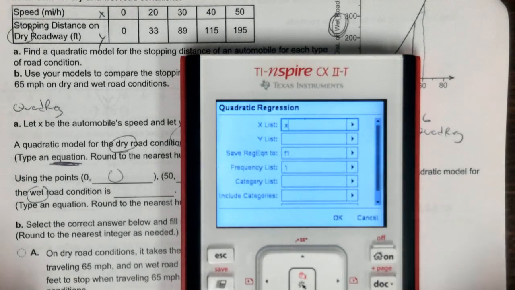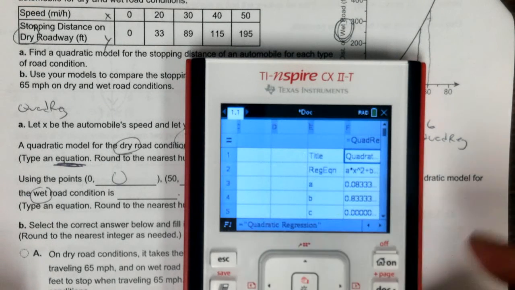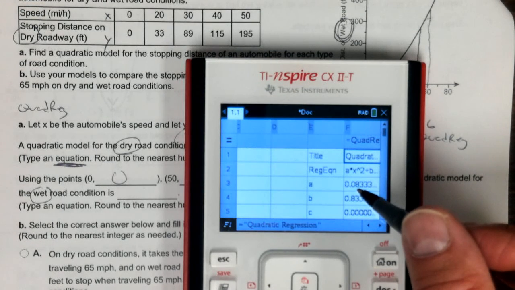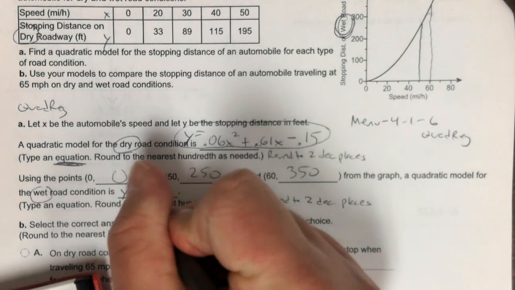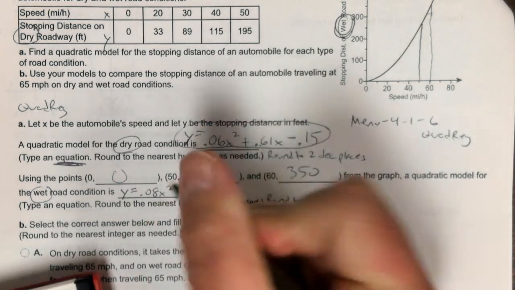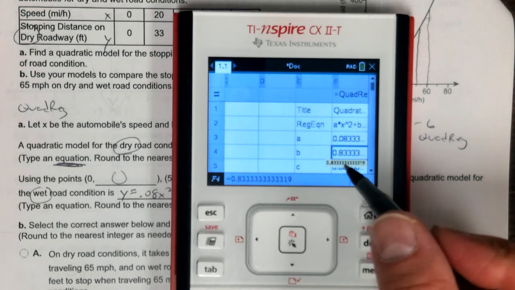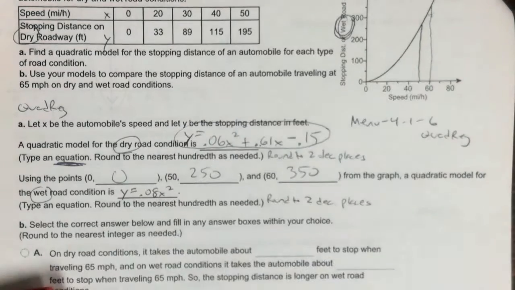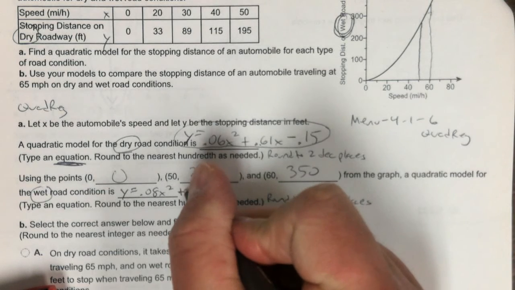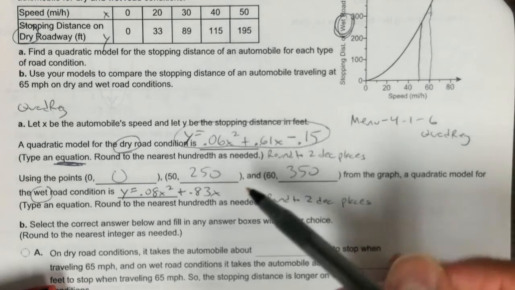And then you put X and put Y. So we need Y equal 0.08 X squared plus 0.83 X, and then it's going to be plus 0. So we can leave off that. Okay, so those are your two equations.